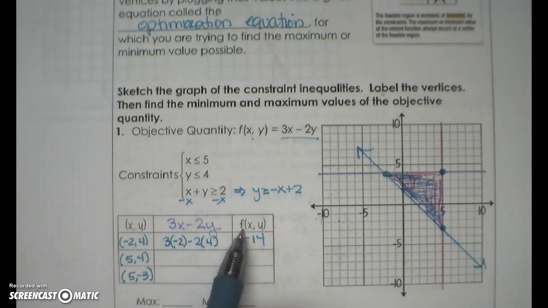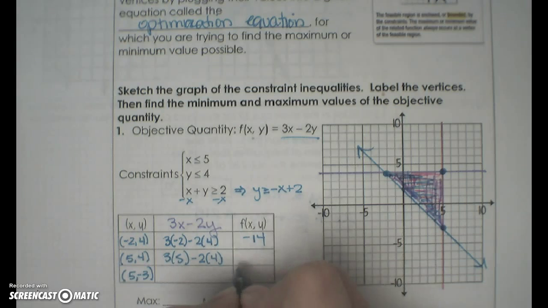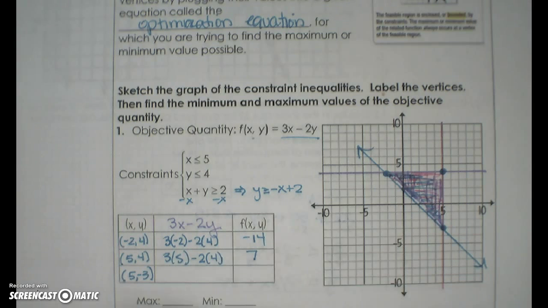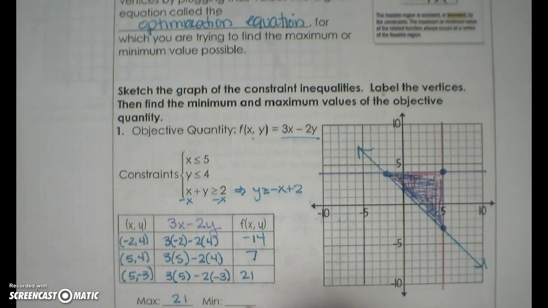So this is my output, this is my input. 3 times 5 minus 2 times 4. That's 7. 3 times 5 minus 2 times negative 3. That's 21. So now we can see which one's the maximum, which one's the minimum. Well, our maximum would be 21, minimum, negative 14.